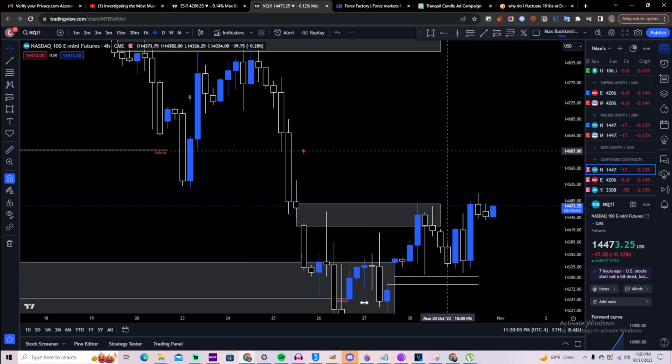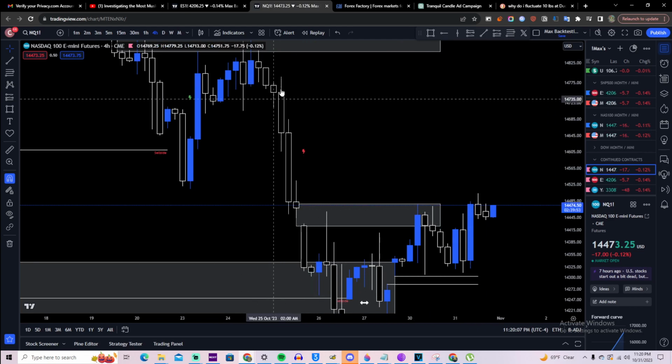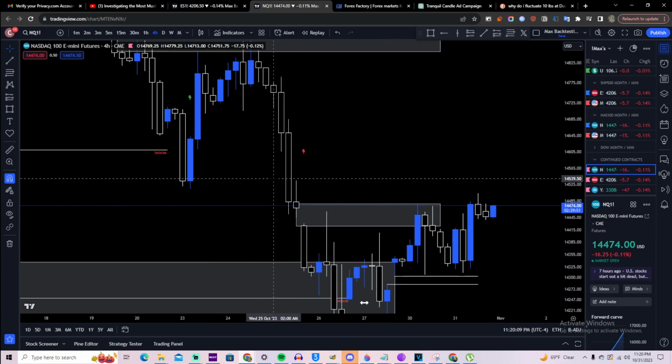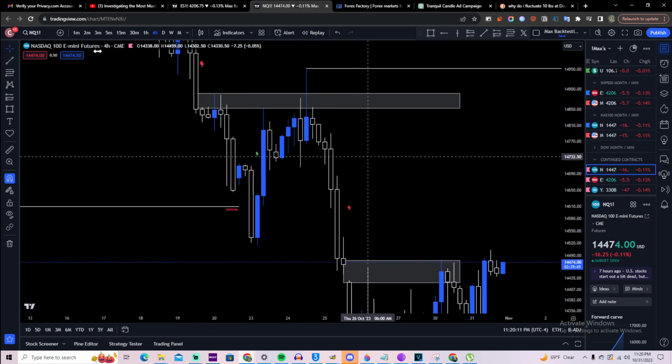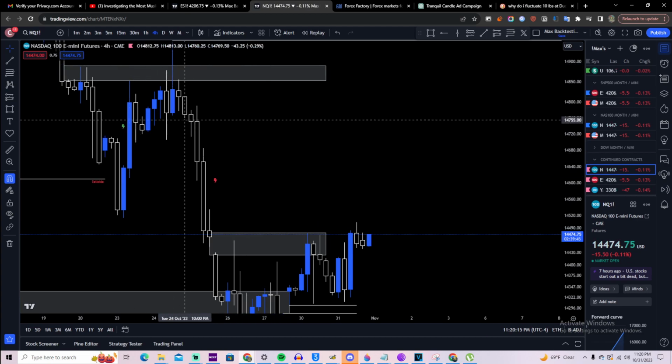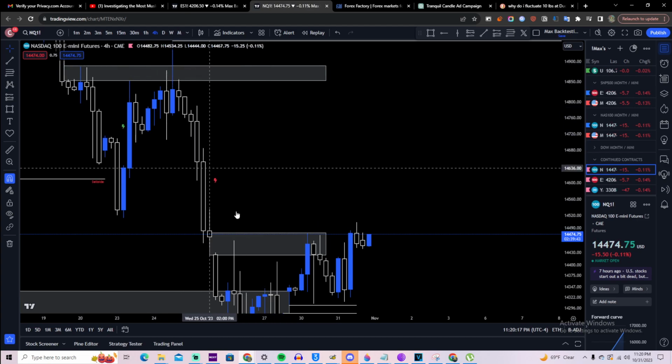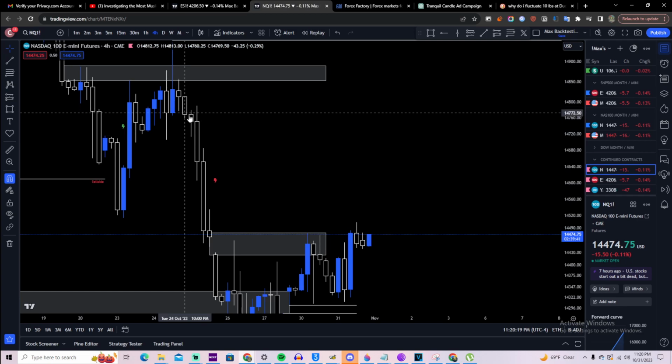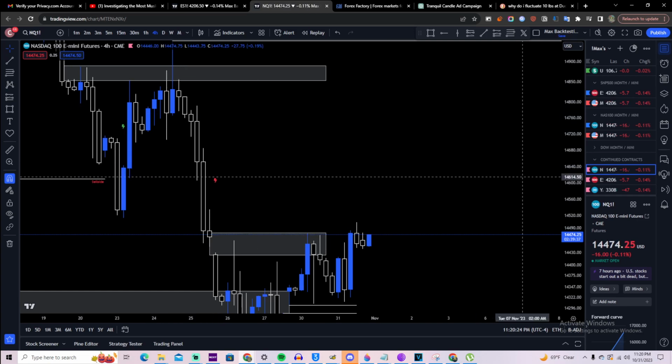But currently, the idea is that we're going to rebalance this price leg of just this massive inefficient delivery. We'll see how high it wants to go, but we'll frame our idea for now with price continuing up to about the 14775 level.